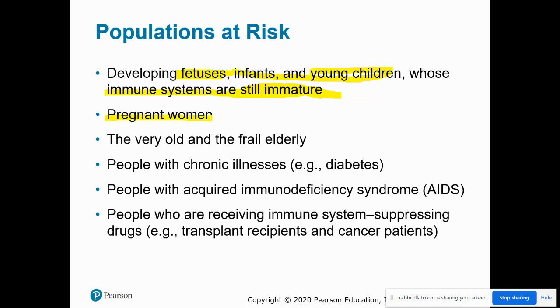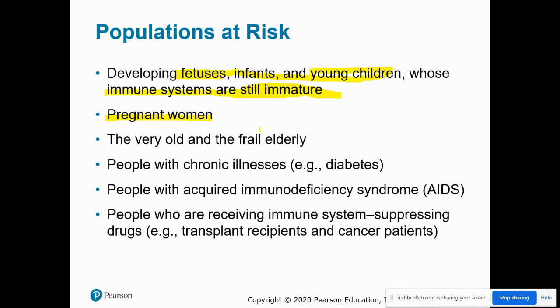The pregnant person themselves is also at a greater risk because their immune system is somewhat compromised, or their body is just doing a lot of work already to build and produce this fetus. So the immune system is already sort of mildly taxed, if you will.